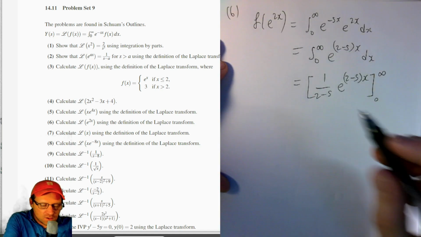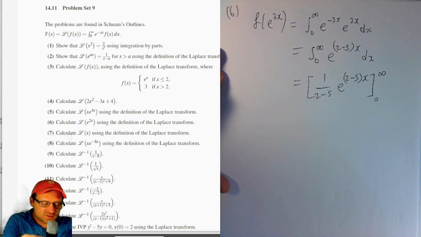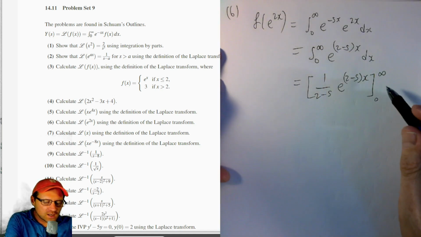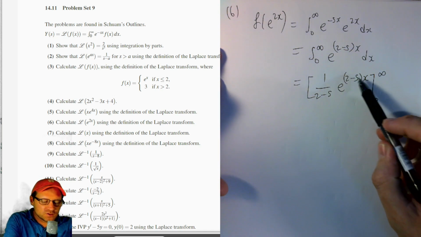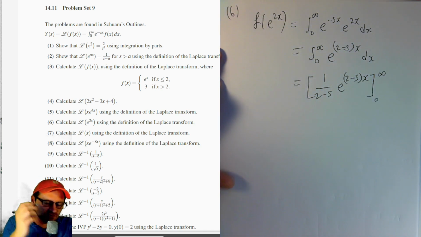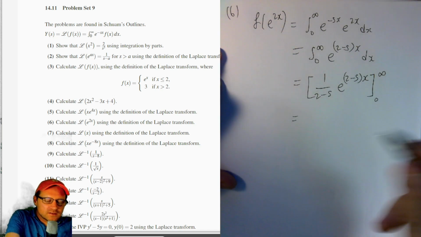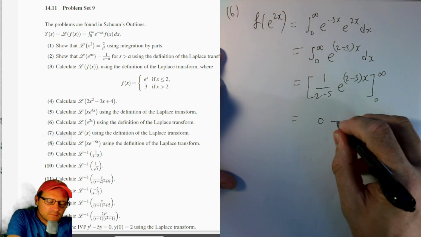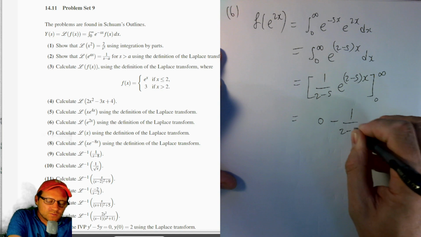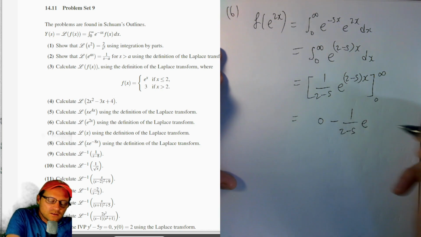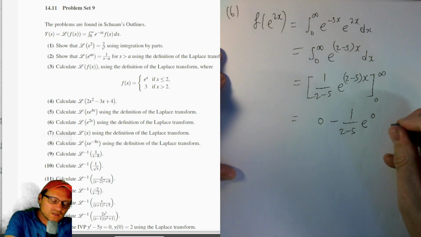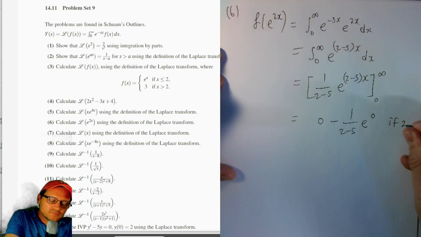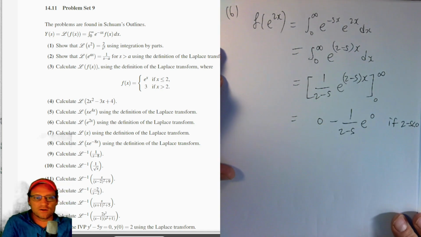Okay, and so we take a limit for the first one, and we get 0 for that limit, provided that 2 minus s is negative. So 0 minus 1 on 2 minus s e to the 0, and that's if 2 minus s is less than 0.